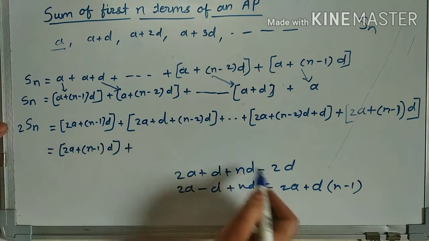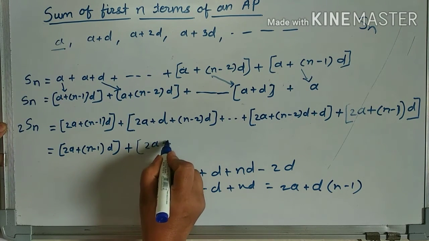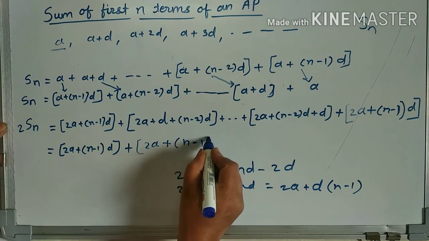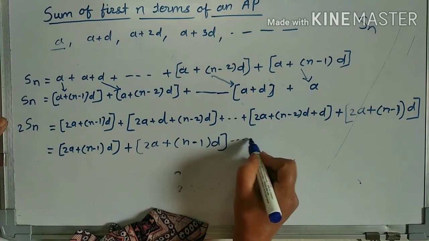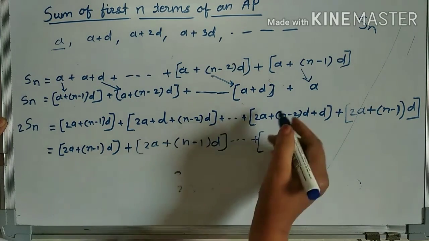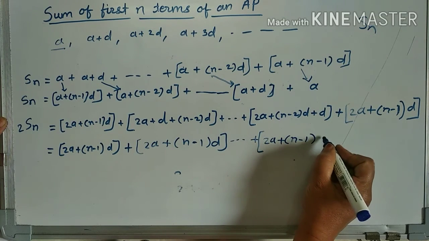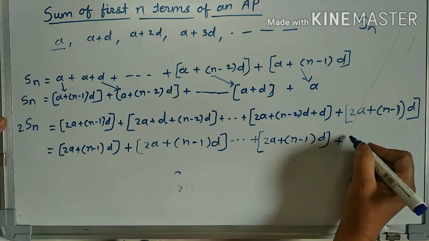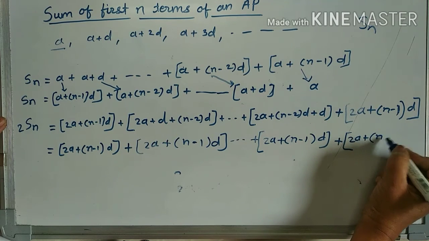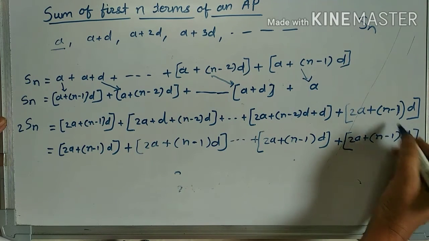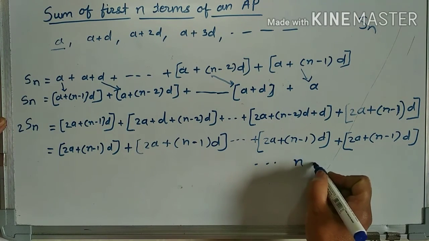Value of this bracket is 2A plus n minus 1 D. Value of this bracket is 2A plus n minus 1 D. If we solve this bracket we get 2A plus n minus 1 D. Write this bracket as it is, up to n terms.